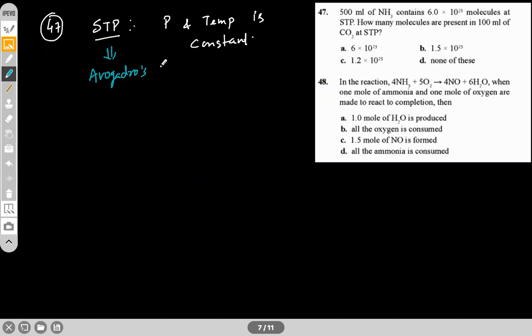Avogadro's law is applicable for gases, right? And it says volume and number of moles are directly proportional. Instead of number of moles, we can take number of molecules.